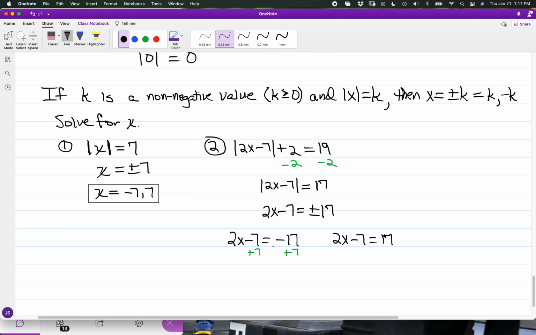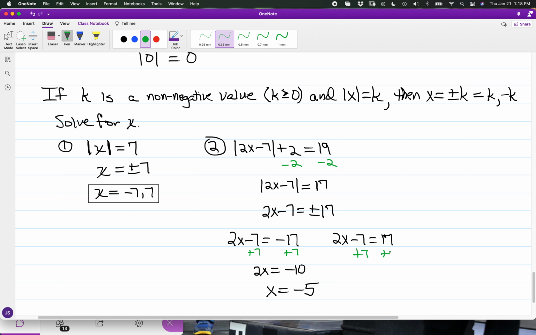So with adding 7, we have 2x is equal to negative 10, and if I divide by 2, x is equal to negative 5. Now for the other case, 2x minus 7 is equal to 17.